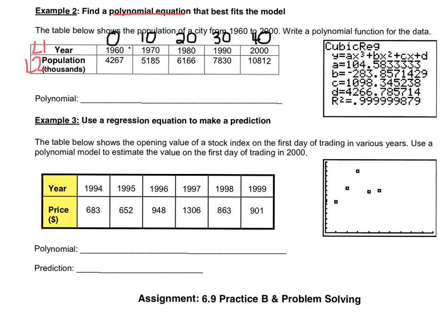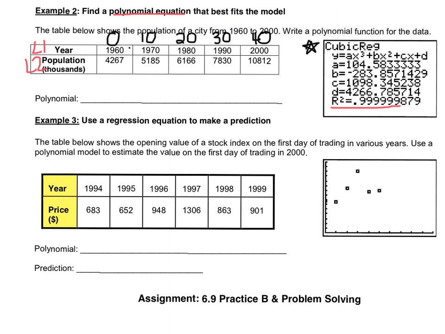If you try linear and quadratic, you'll notice that your r-squared values are okay, but when you do cubic, which is what's on the screen right here, you'll notice that your r-squared value is 0.9999999. That's a pretty good one. So we'll go ahead and use cubic.